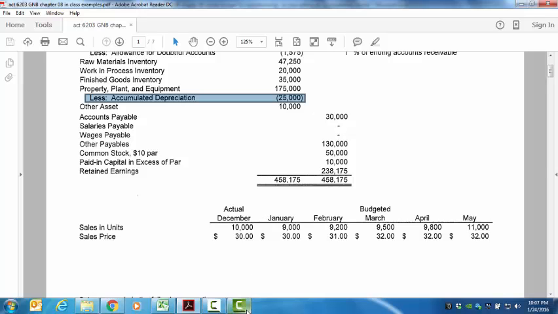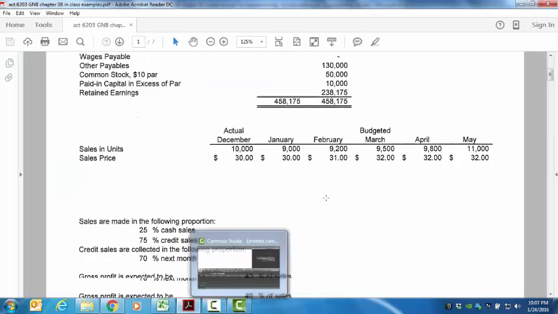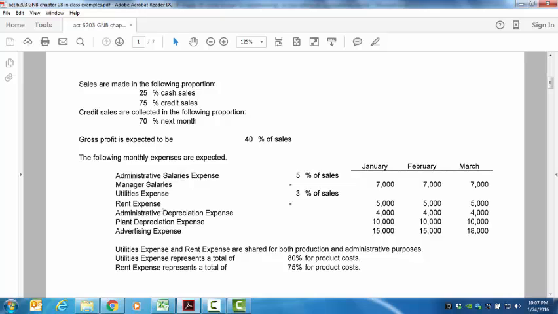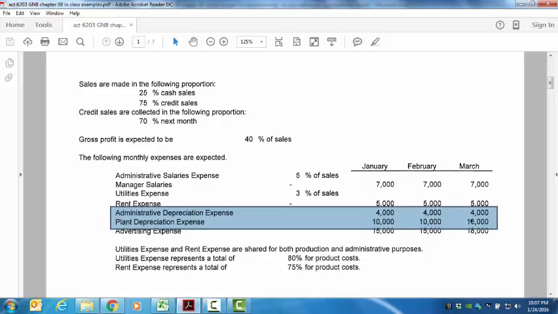And then I know we've added more to it. We had $12,000 of administrative depreciation, and we had $30,000 of plant depreciation.